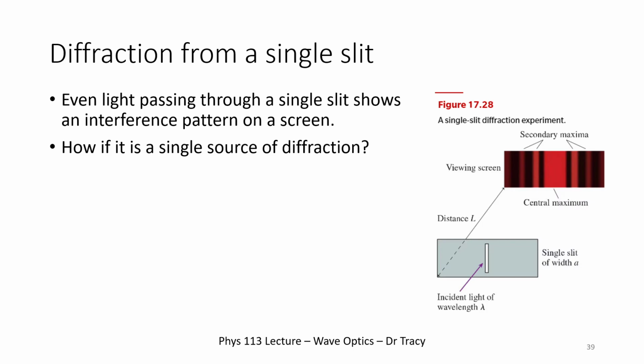But as it turns out, light, being as quirky as it is, displays wave-like properties, and when it passes through a single slit, it shows an interference pattern. That pattern is spread out horizontally, which seems counterintuitive, especially since the slit is vertical, narrow horizontally and tall vertically. So how is this possible if it is a single source for diffraction?